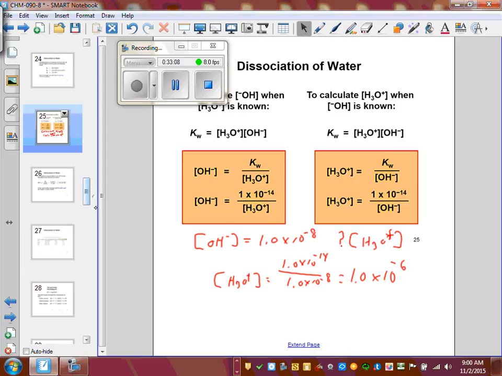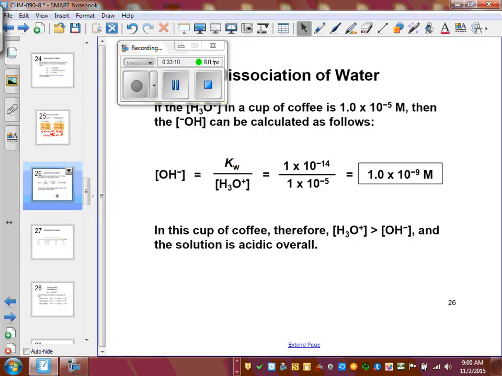Okay, if the H3O plus concentration in a cup of coffee is 1.0 times 10 to the minus 5 molar, then the OH minus can be calculated as follows. 1 times 10 to the minus 14 divided by 1 times 10 to the minus 5 is 1 times 10 to the minus 9.